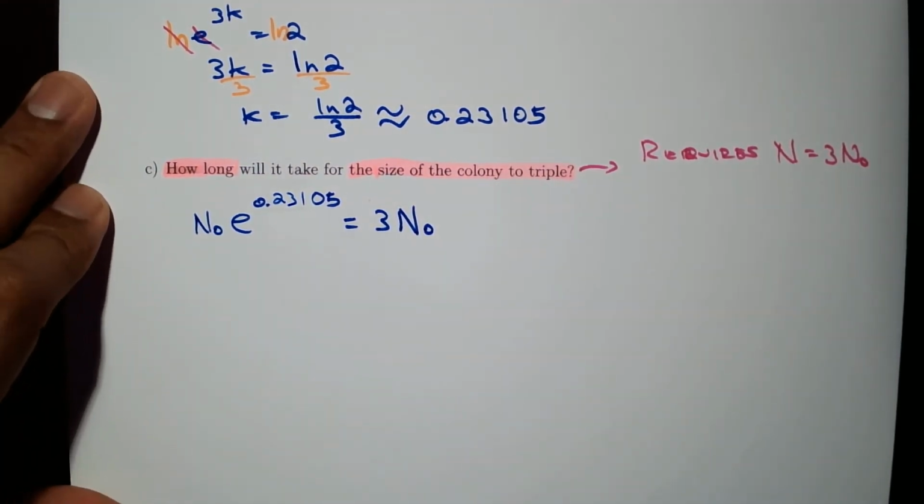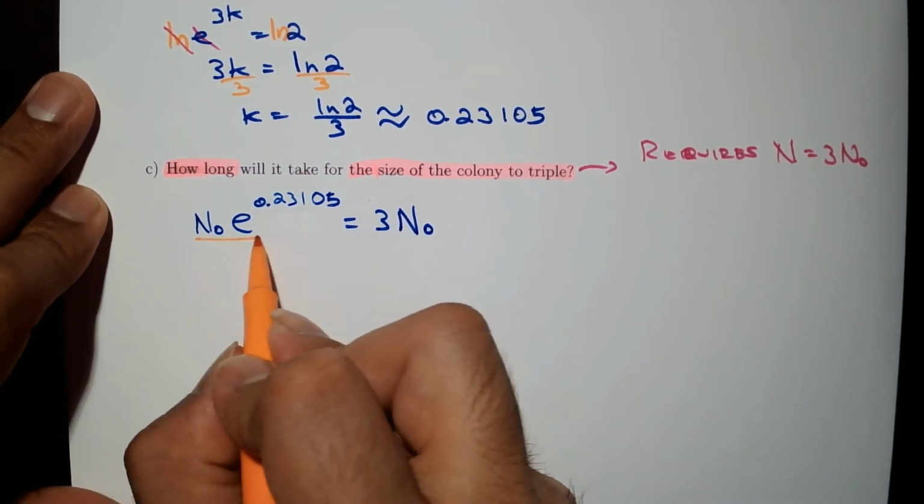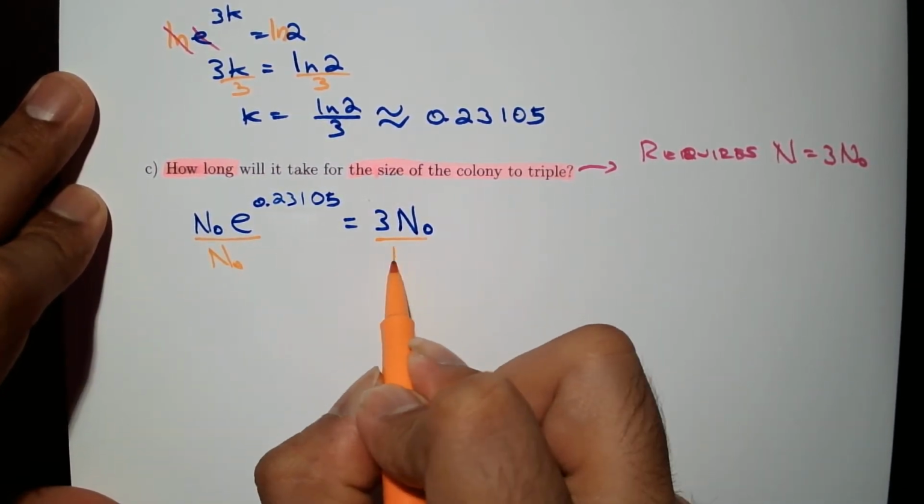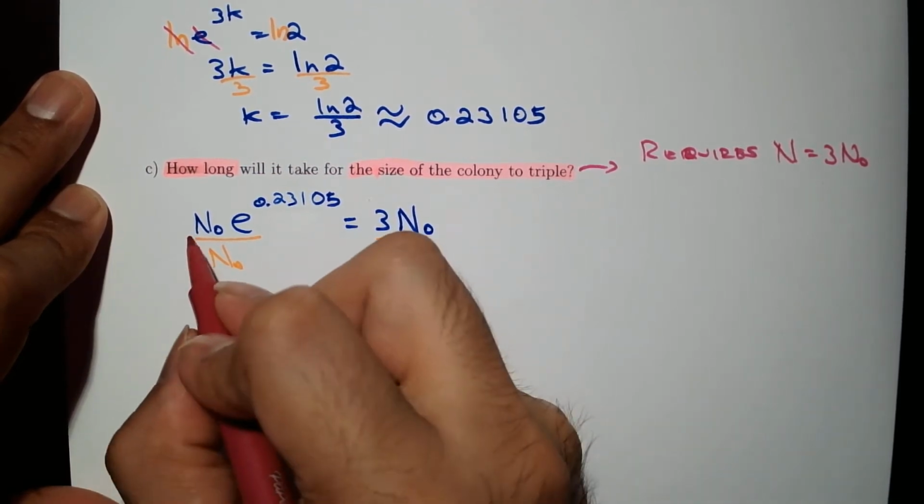And again, I'm going to solve this by first dividing both sides by N initial.